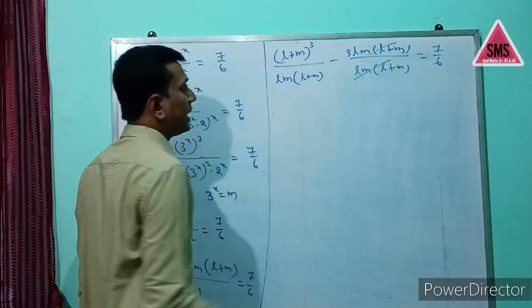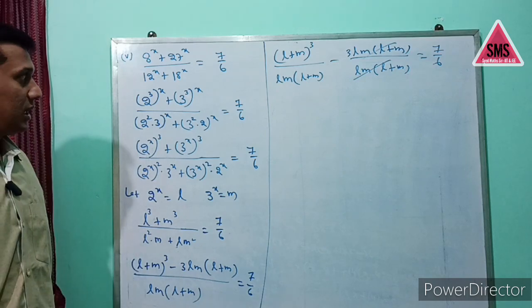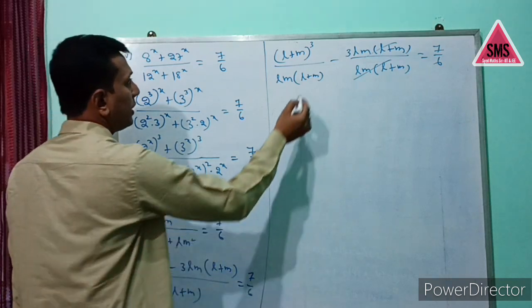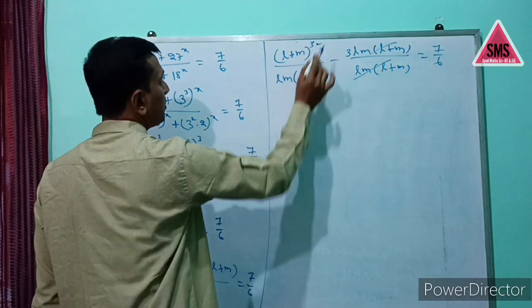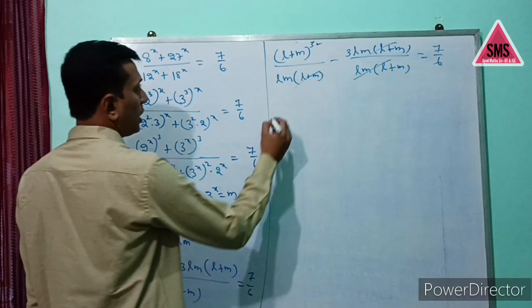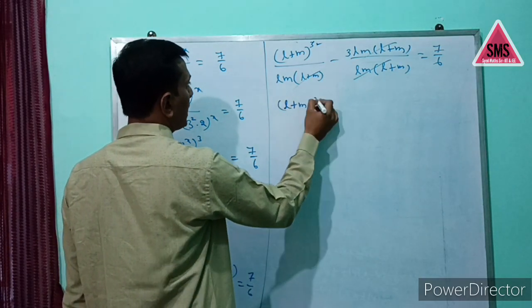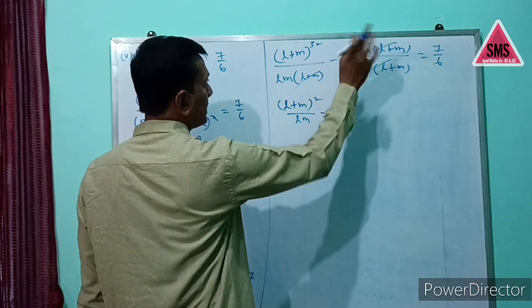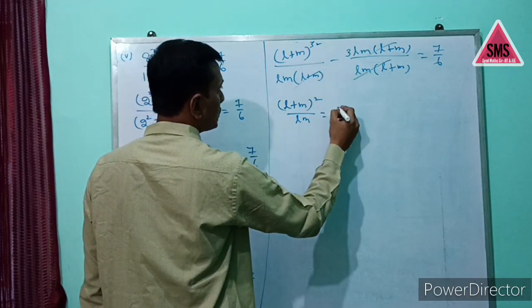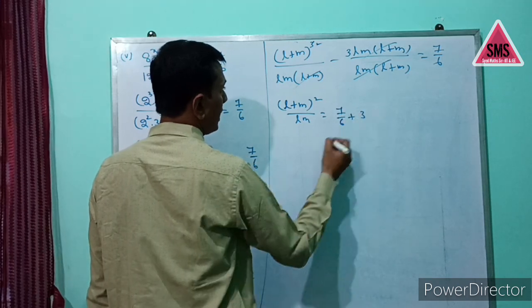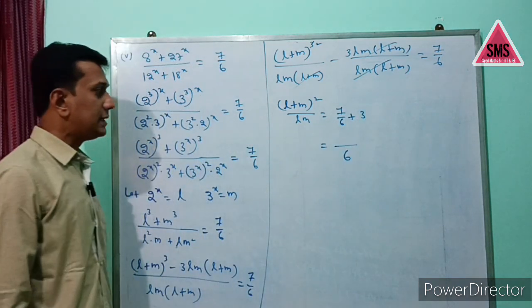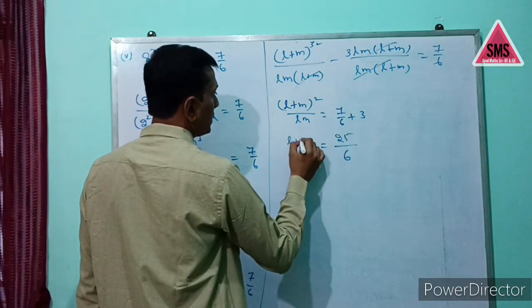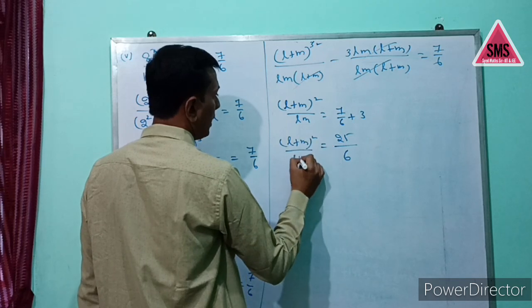So this on division gives the quotient as 1. That means it gets cancelled. Now here L plus M and here L plus M, it becomes whole square. Now L plus M whole square by LM minus 3 is equal to 7 by 6. Transpose that one, so you will get 7 by 6 plus 3. On LCM 6, 6 threes are 18, 18 plus 7 is 25. So L plus M whole square by LM is equal to 25 by 6.